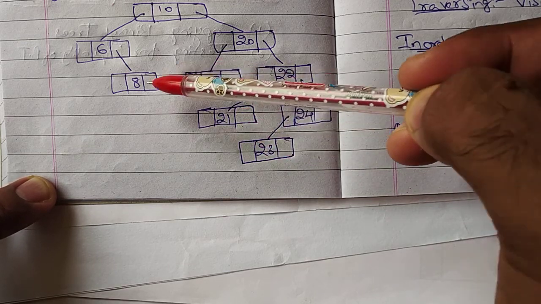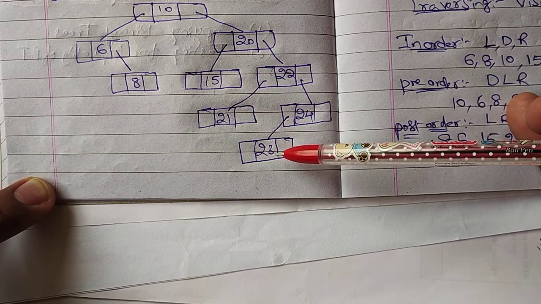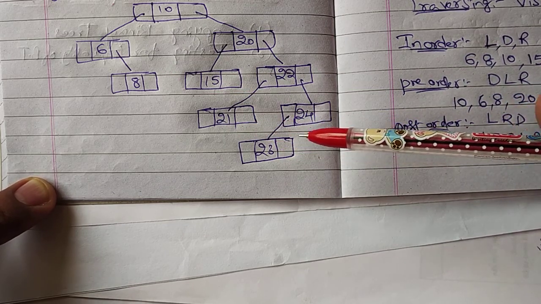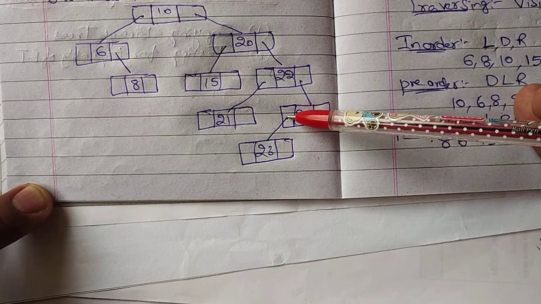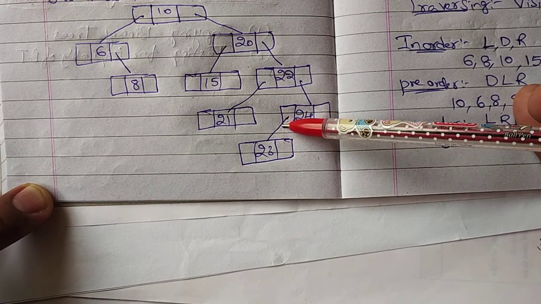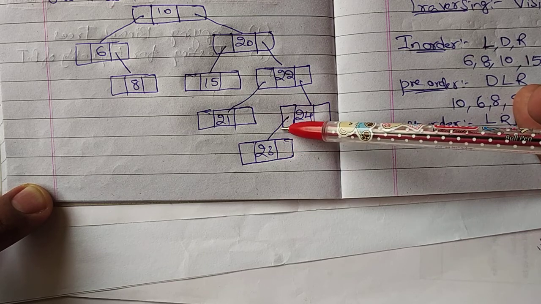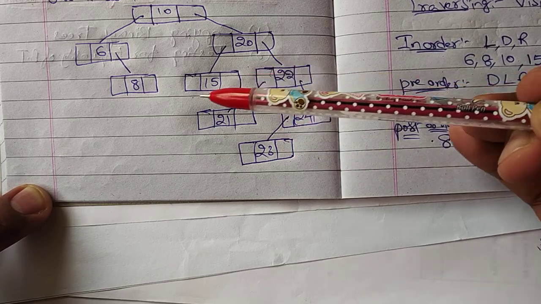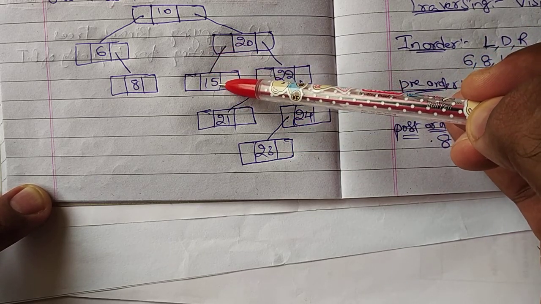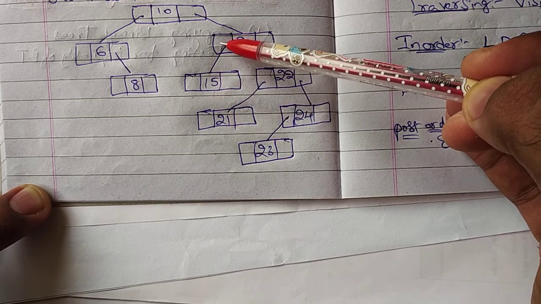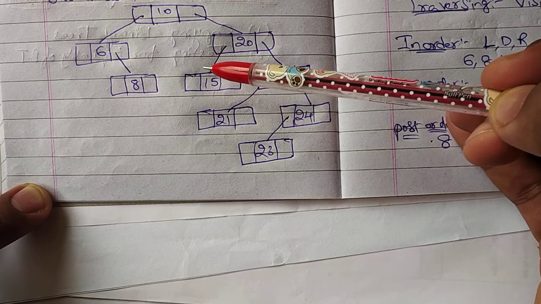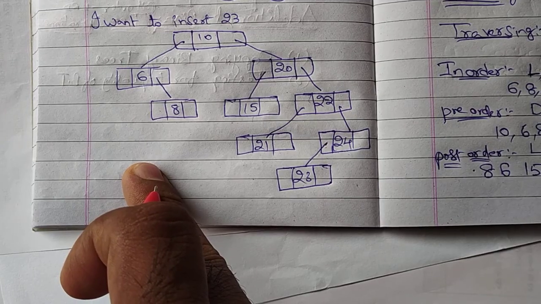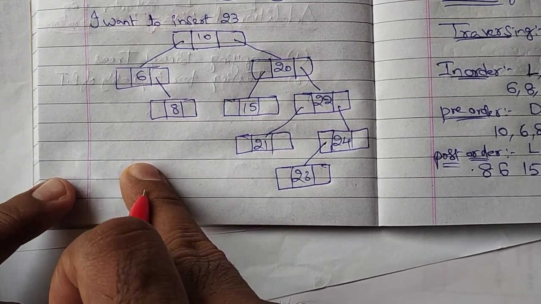All these nodes we can remove easily, because if I want to remove leaf node 23, simply here we can put null. Automatically this link will be destroyed. Suppose I want to remove 15, simply here we can put null, so that the link will be destroyed. That is the first case, and it is now over.